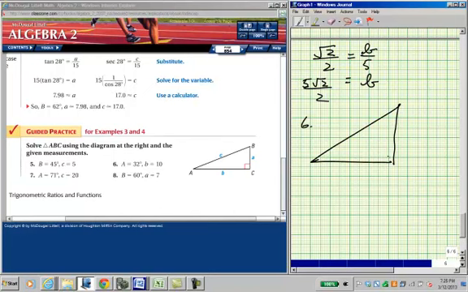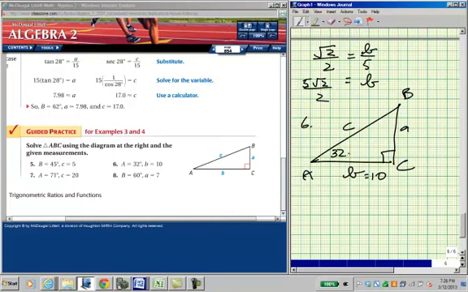So we got A, B, and C. And B equals 10, and A equals 32.